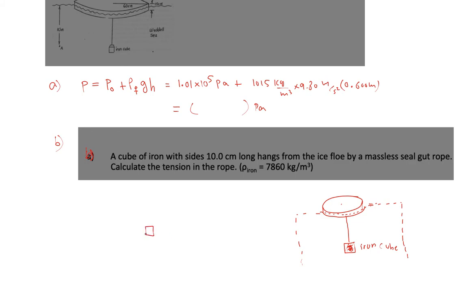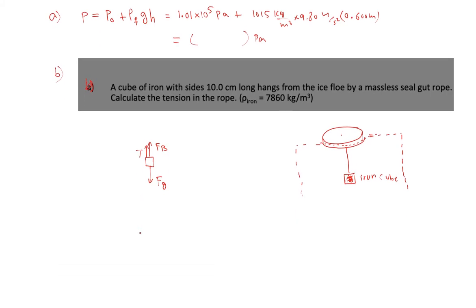This is the iron cube. There's a gravitational force, there is a buoyant force, and because there is a string, there will also be a tension force.